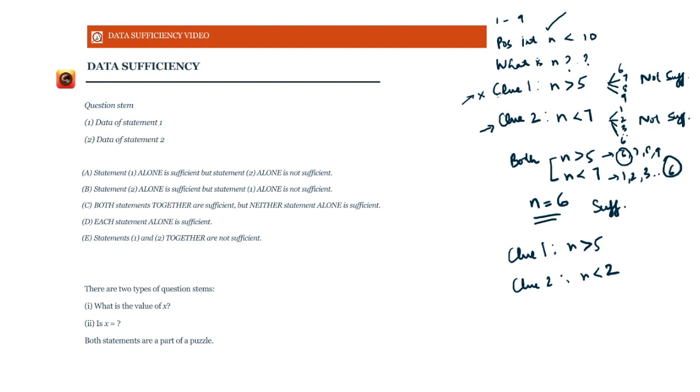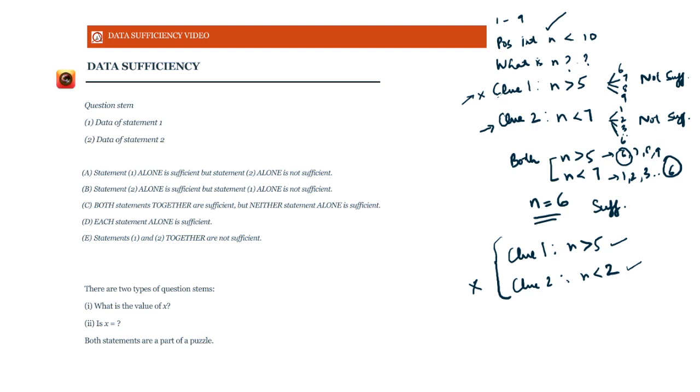So then n has to have one unique value. So n cannot be greater than 5 and less than 2 at the same time. So that is why the 2 statements in the data sufficiency question cannot give me contradictory information, right? Okay. So always think of a data sufficiency question as a puzzle.